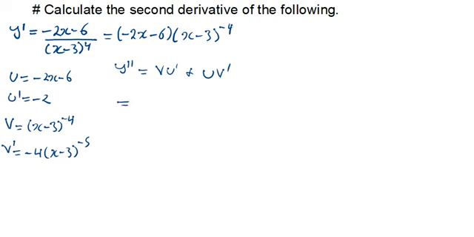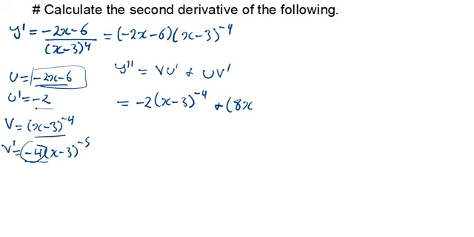So our v is this one here multiplied by that. What you're going to get is -2(x - 3) to the power negative 4 plus our u, which is this one here, multiplied by that. To make this a bit simpler, I'll multiply this negative 4 by what I have here, which is going to be open bracket 8x plus 24, then multiply by part of v prime, which is (x - 3) to the power negative 5.